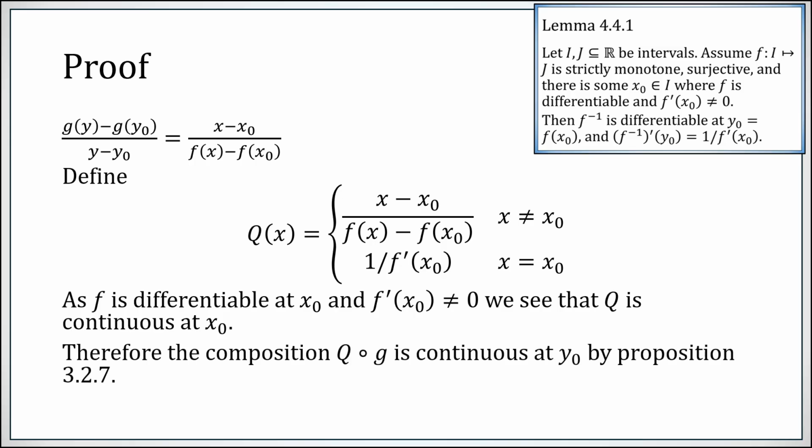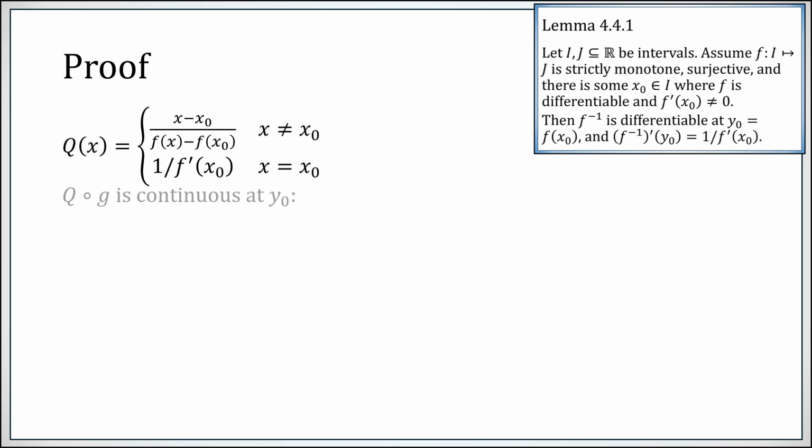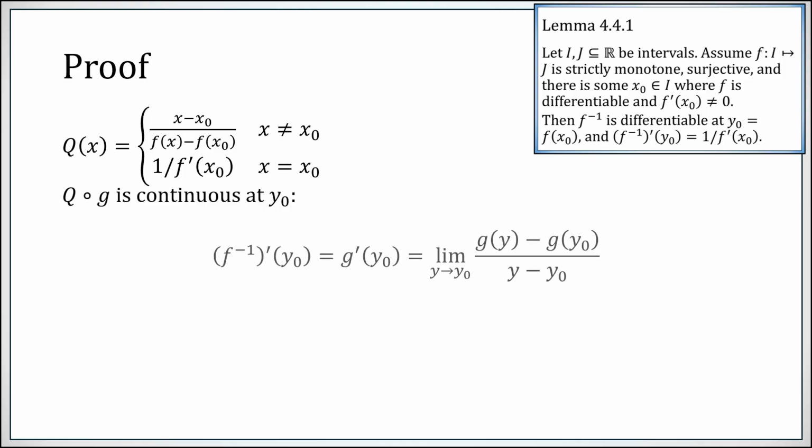So since g is continuous at y naught, the inverse function, okay, it was continuous, so the composition Q of g is continuous at y naught. All right, so here was our function Q, and we observed that Q of g will be continuous at y naught. Now let's work through the derivative of f inverse at y naught.